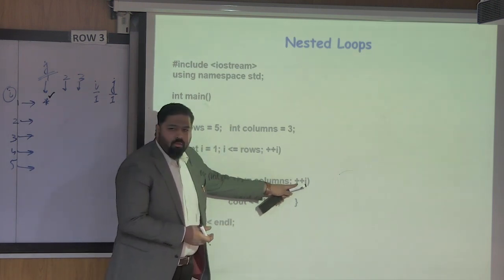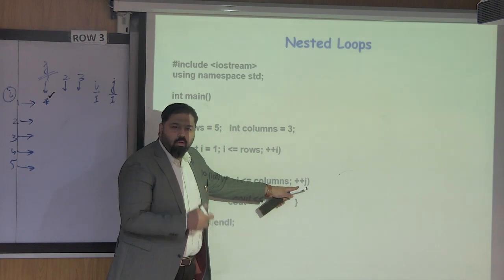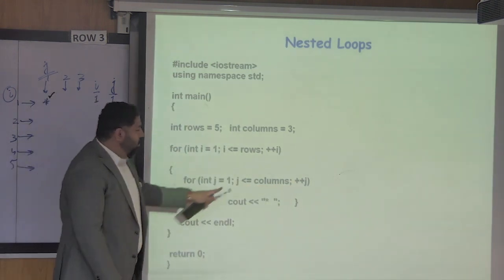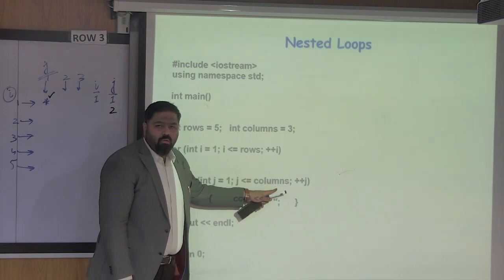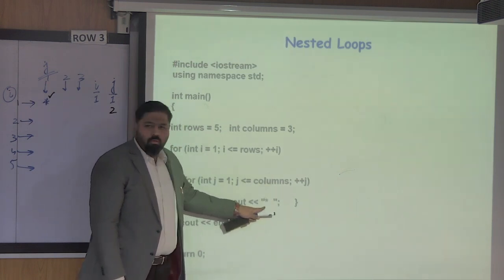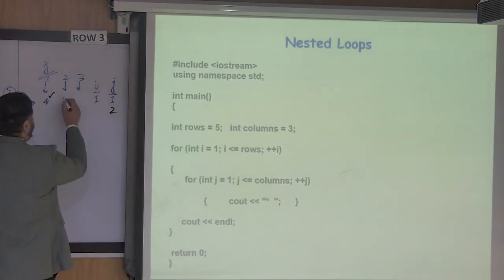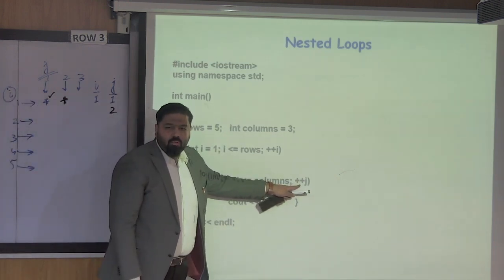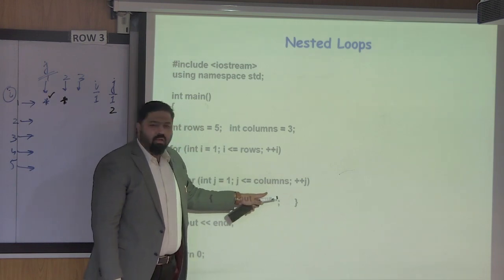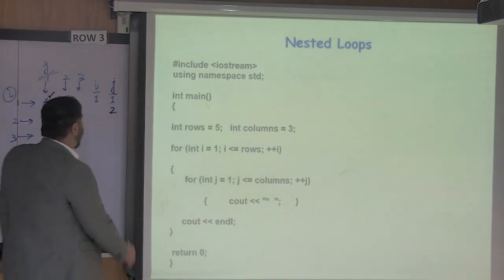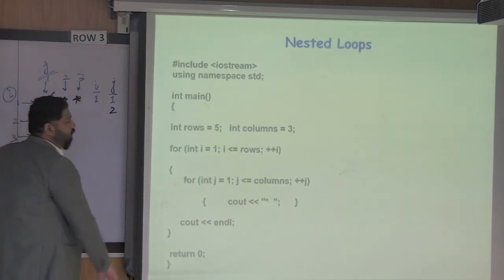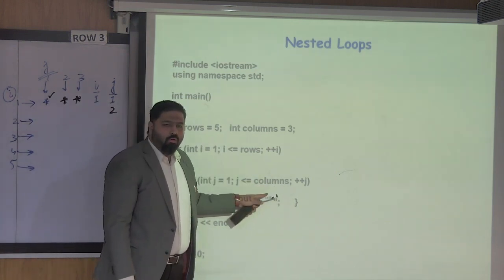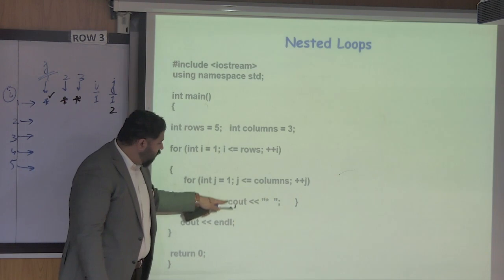Increment J. J becomes 2. So the value of J is 2. 2 is less than or equal to 3. True or false? Display. Increment J, J becomes 3. 3 is less than or equal to 3. True. Display. J becomes 4. True or false? False. Come out of this loop.